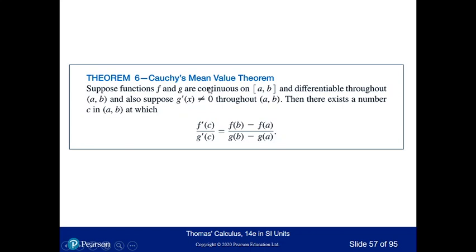So let's say we have two functions f and g that are continuous on the closed and bounded interval, and let's say they are differentiable in the open interval, and assume that g prime is not 0 in the open interval. Then you can find c in (a, b) such that the derivative of f at c over the derivative of g at c is equal to f of b minus f of a over g of b minus g of a.